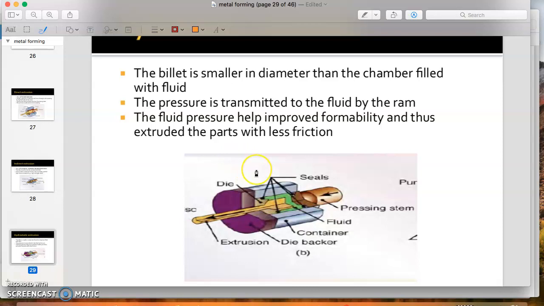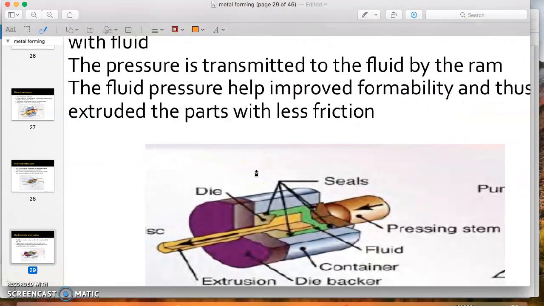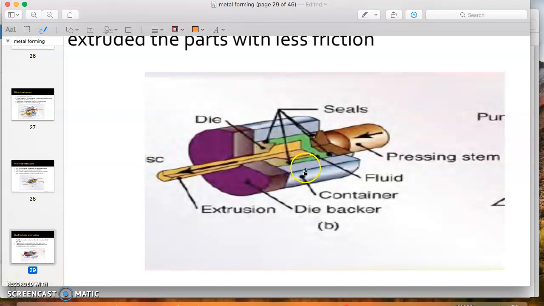We can see from the figure, here we have a pressing stem, and then they have a liquid inside, usually oil, the green one, and then this is our raw material. It can be a billet or metal workpiece, and make sure this whole area is properly sealed so there is no leakage.